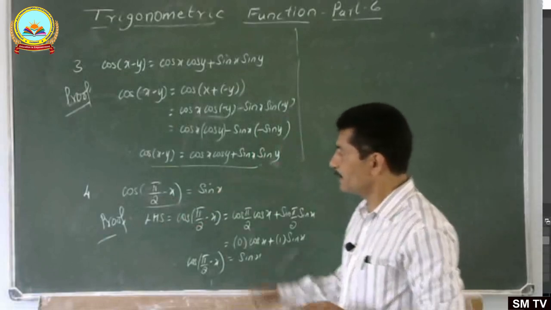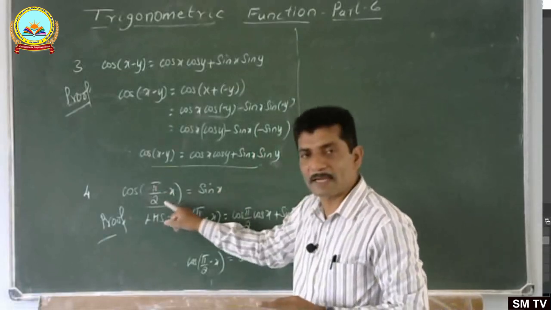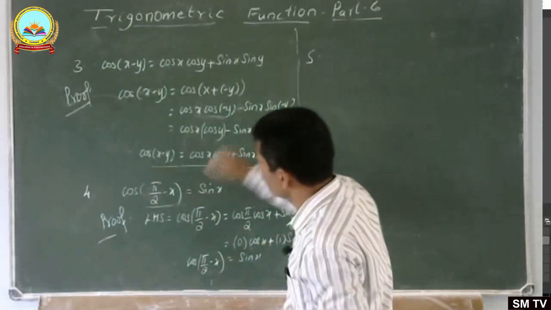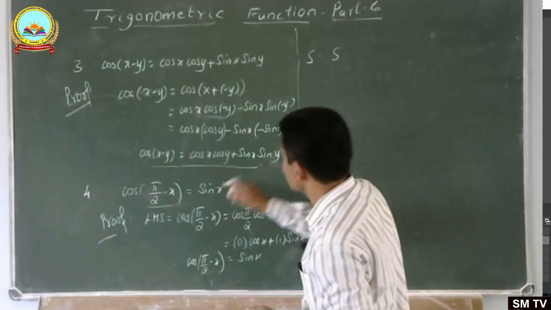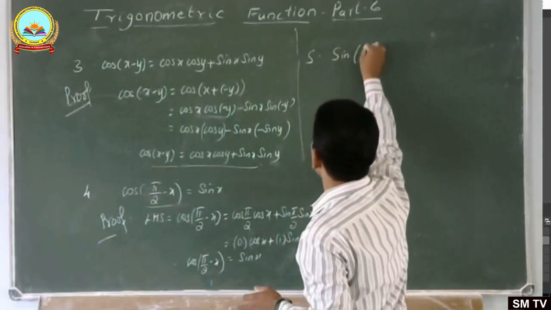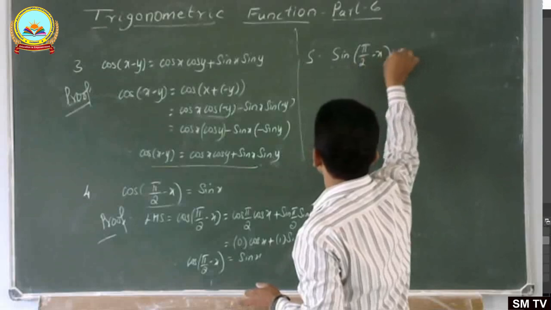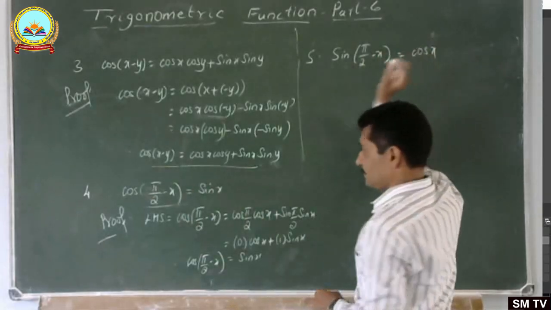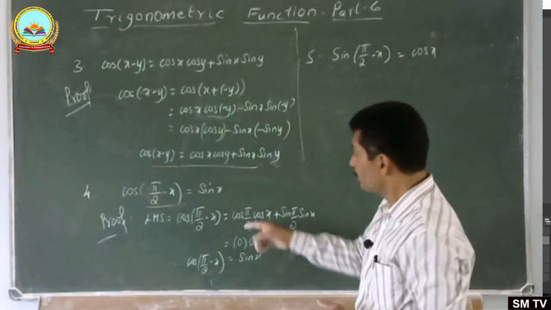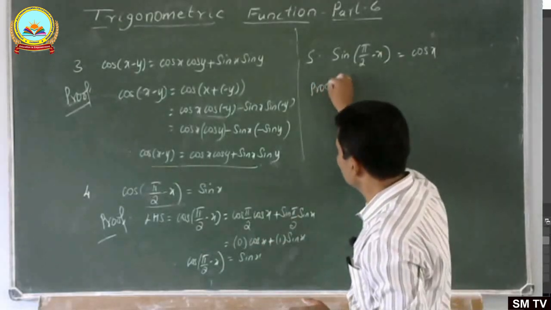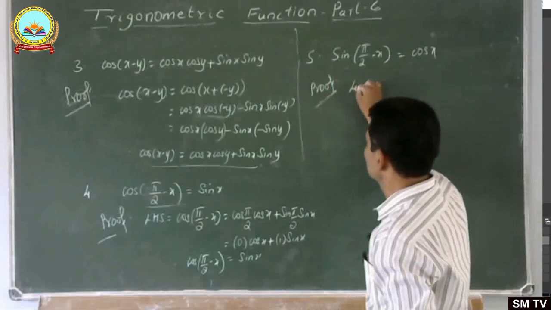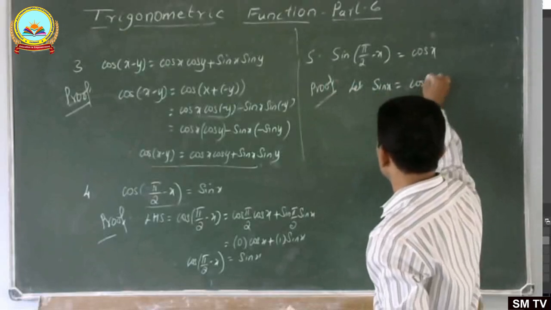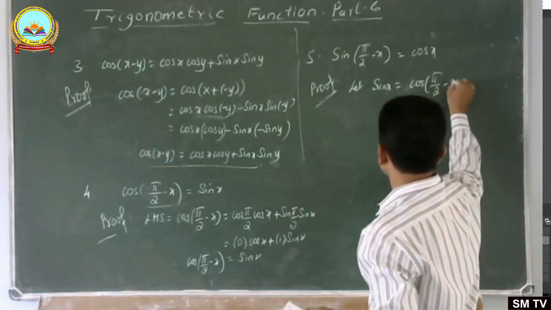Or, replacing x by pi by 2 minus x in this result, you get the fifth result. Proof is very simple. Here you know that sin x can be written as cos of pi by 2 minus x.